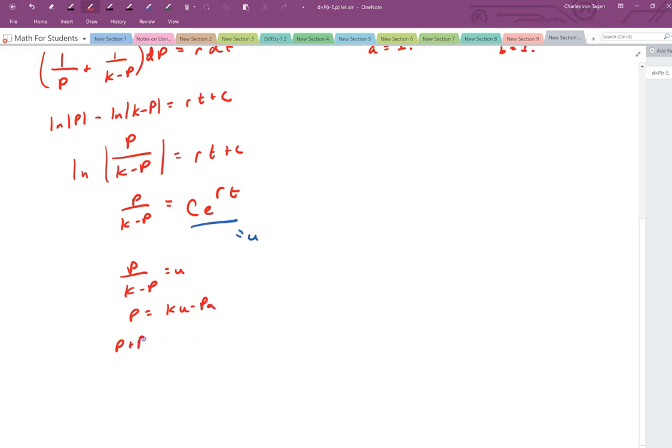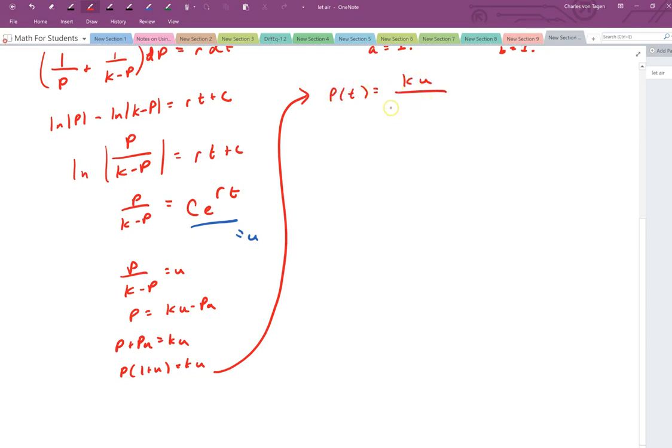Collecting like terms, we get P plus PU is equal to KU, or P times 1 plus U is equal to KU, or this gives us P of T is equal to KU over 1 plus U, which is equal to KCE to the RT divided by 1 plus CE to the RT.